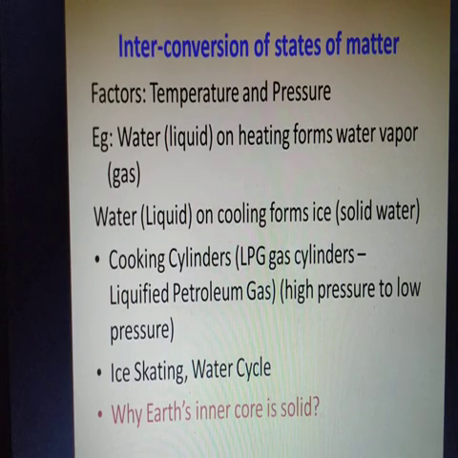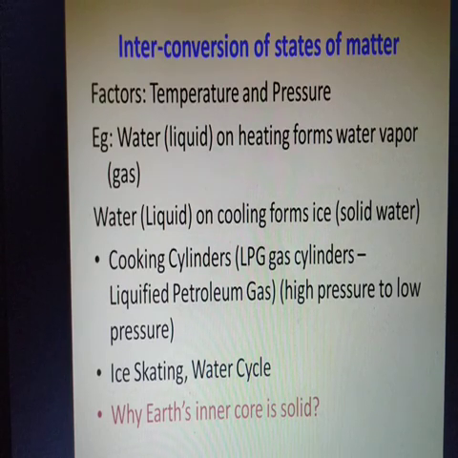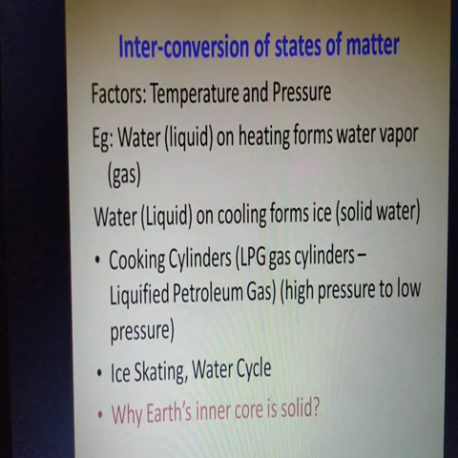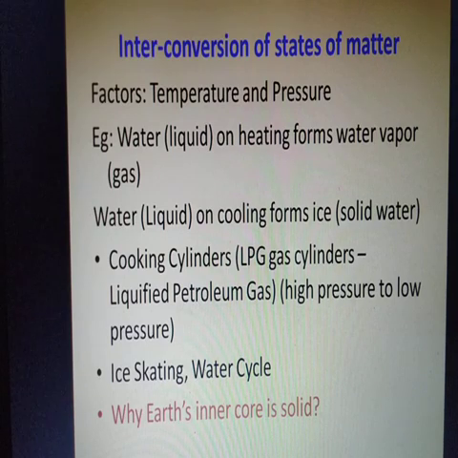Now I've given you a question: why is the Earth's inner core solid? Find it out. Interestingly, the temperature around the inner core is around 6,000 degrees Celsius. The inner and outer core mainly contain iron and nickel, and at such temperatures all elements should convert into vapor state.